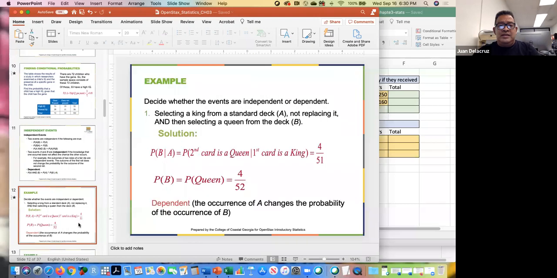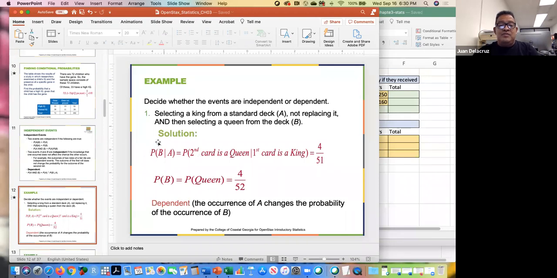So we saw some examples. This is an example of an event that is dependent. We can see that the probability that B is a queen is 4/52.